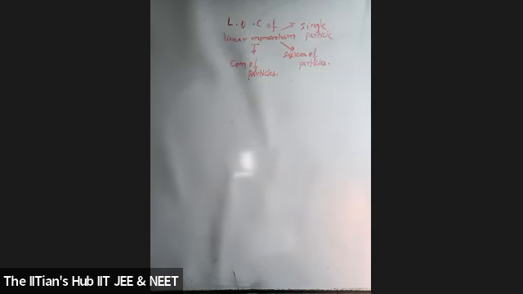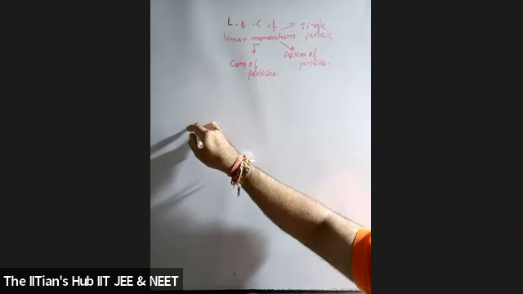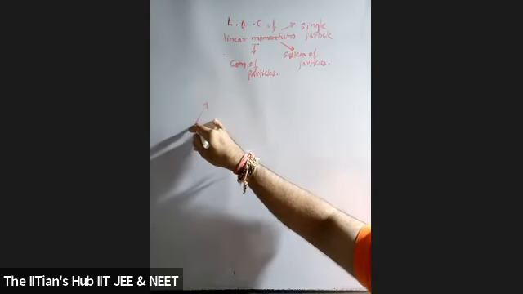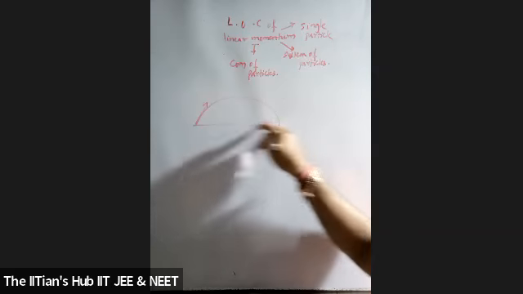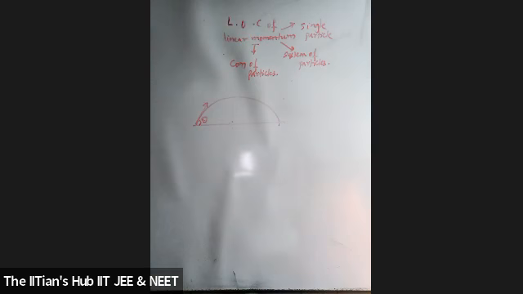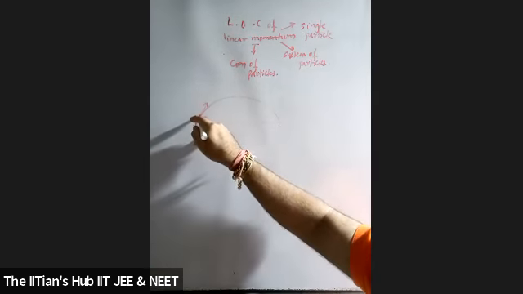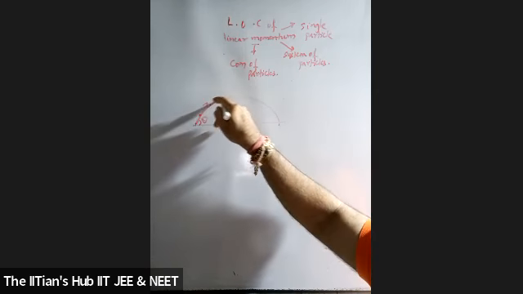A simple example, students. If I project a body at an angle theta with the horizontal, let us go for a simple concept on projectile motion. As the body goes up, the momentum is conserved.